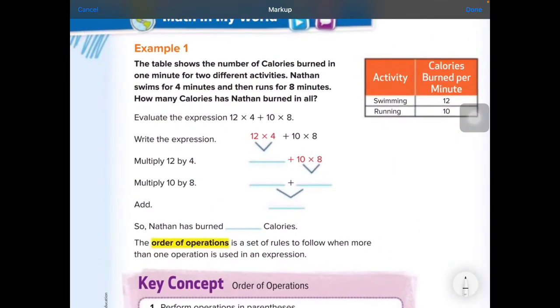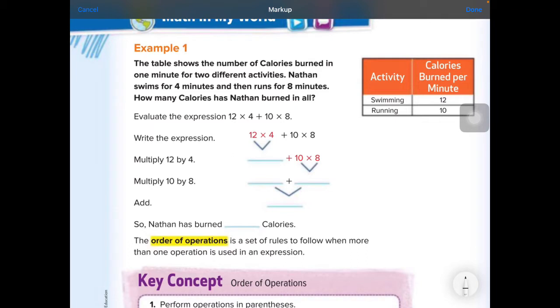Let's begin. The table shows a different number of calories burned in 1 minute for two different activities. Nathan swims for 4 minutes, then runs for 8. How many calories has Nathan burned in all? So we have to evaluate the expression. He swims 12 calories per minute for 4 minutes, so 12 times 4 is 48. Then we bring down these numbers because we didn't use them.